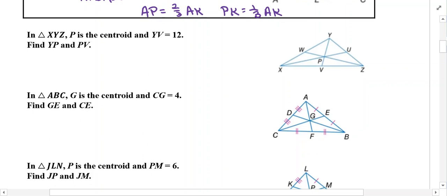In triangle XYZ, P is the centroid and YV is 12. So this whole distance right here is 12. We want to find YP and PV. YP is going from the vertex to the centroid, so YP is 2/3 of 12.